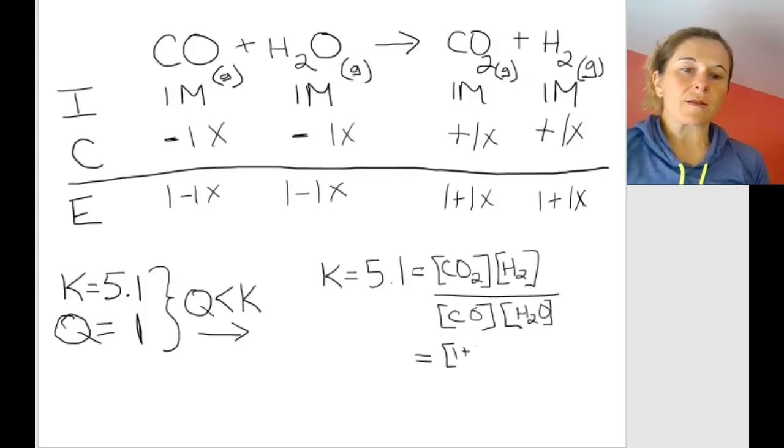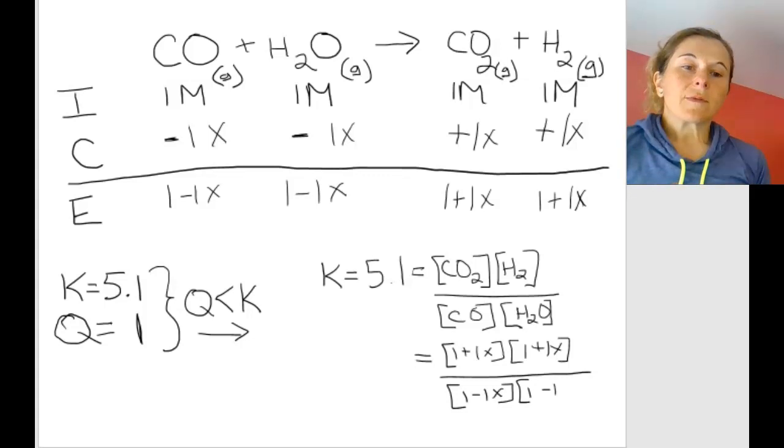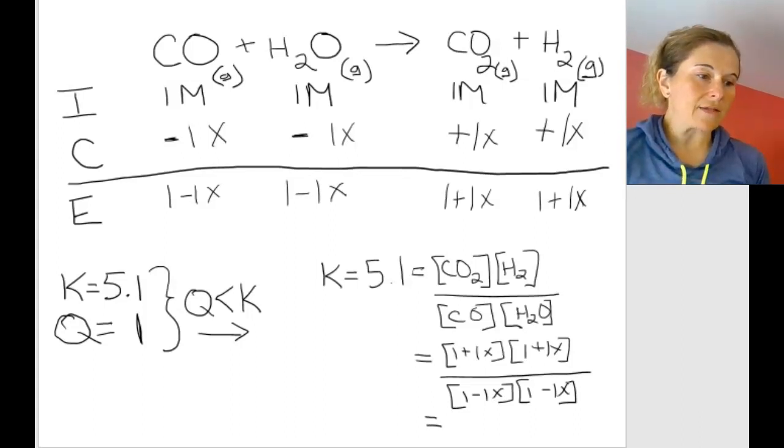And so now we're going to fill all this in. So we've got 1 plus 1x, 1 plus 1x, divided by 1 minus 1x, 1 minus 1x. Alrighty. And when we pop that into our calculator, we're going to solve for x.